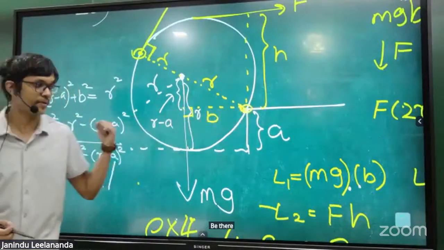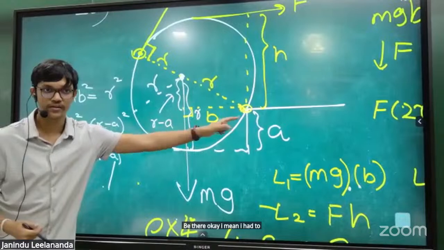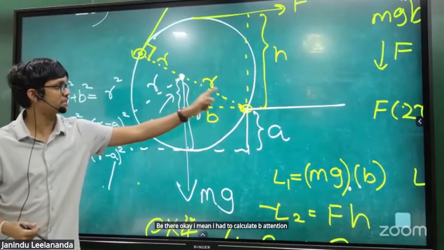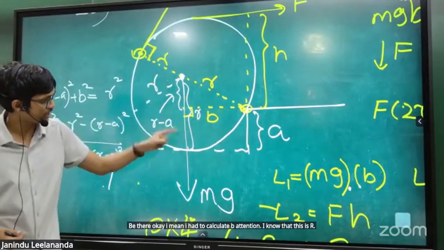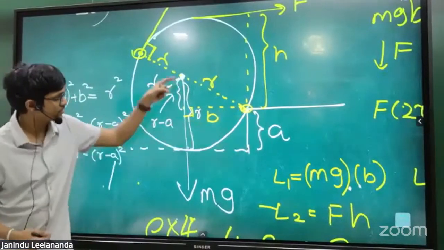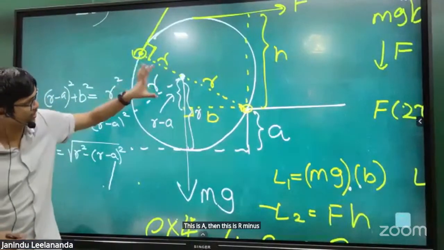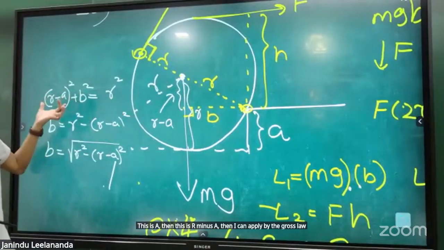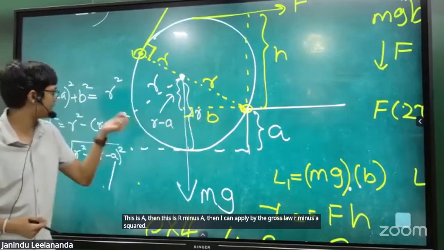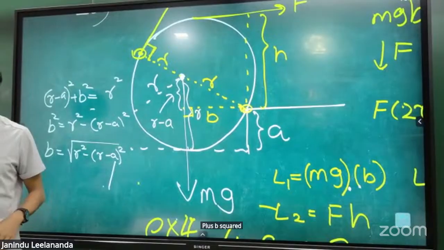I have to calculate B. Attention. I know that this is R. This is R. This is A. Then this is R minus A. Then I can apply Pythagoras law. R minus A squared plus B squared equals R squared. Clear?